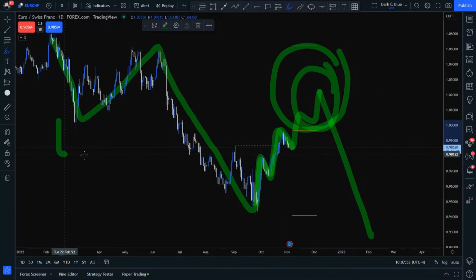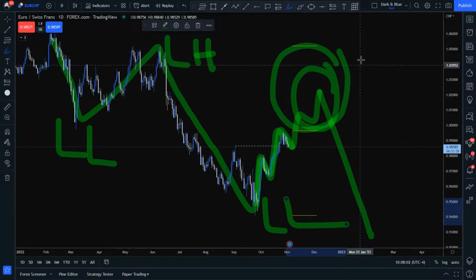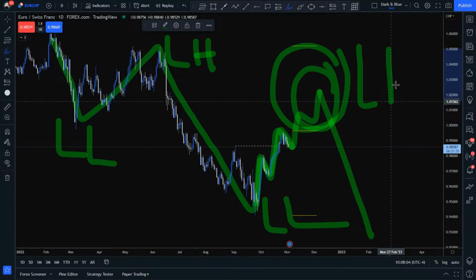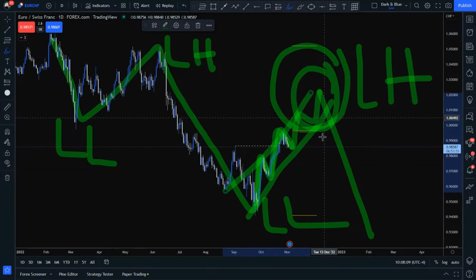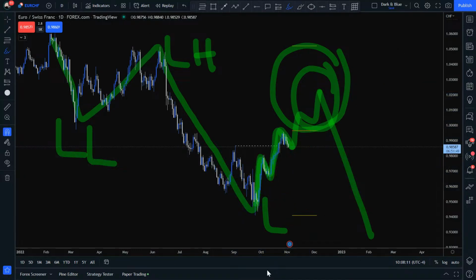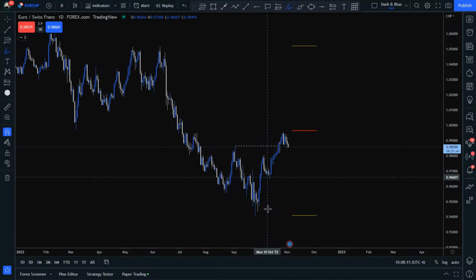Got it? Lower low here, lower high, lower low. This is the potential area for the lower high to be made. So we have to expect price to turn bullish internally to facilitate a lower high to be made. Does that make sense?